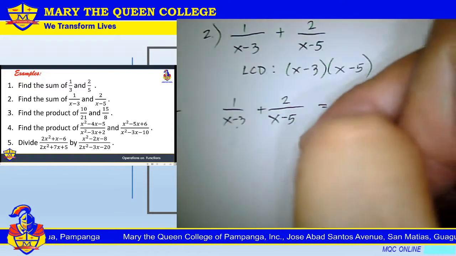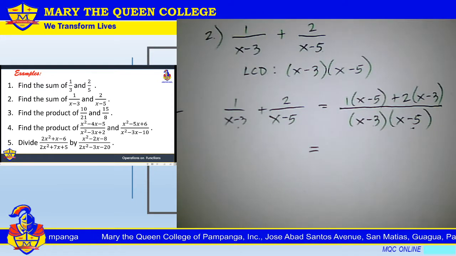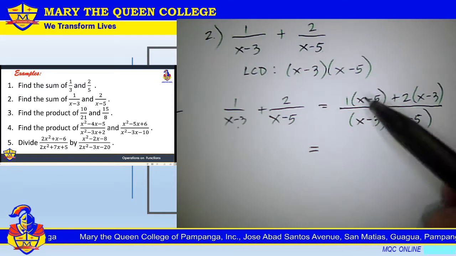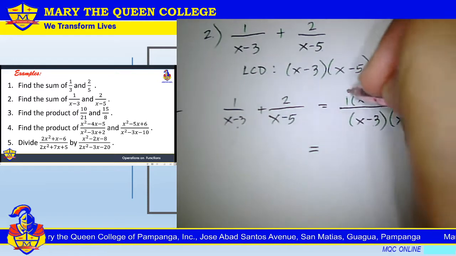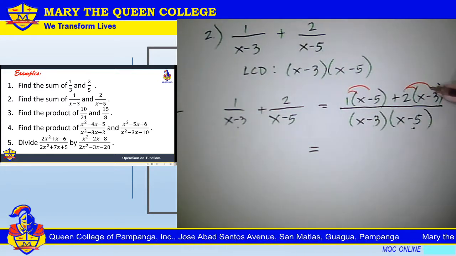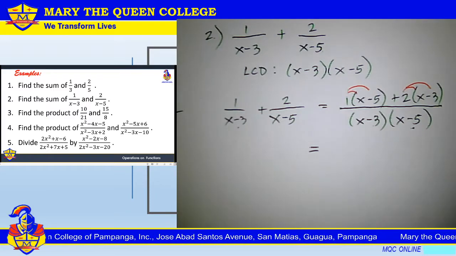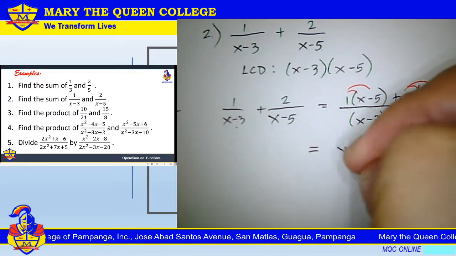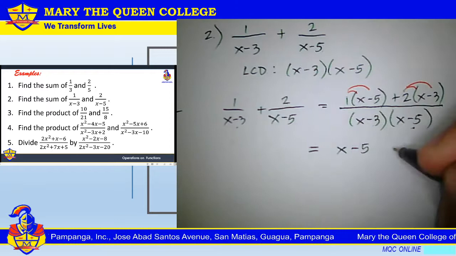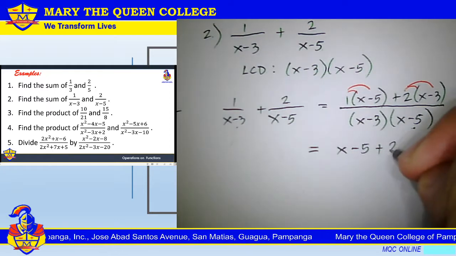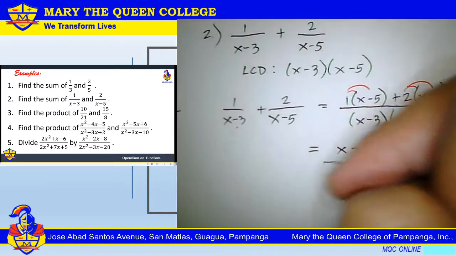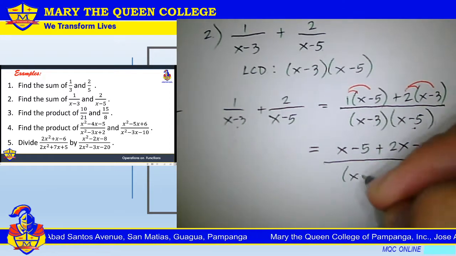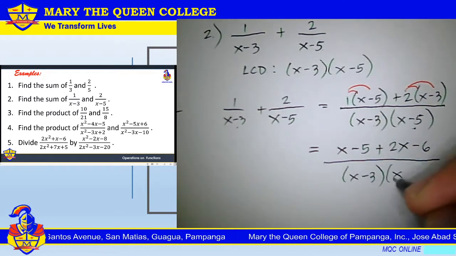And then now, you can now simplify by applying common monomial factor, imumultiply doon sa mga terms natin sa loob. Tapos, ito 2, multiply doon. So we now have 1 times x, that is x minus 5, plus 2 times x, that is 2x, 2 times negative 3, minus 6, all over x minus 3 times x minus 5.